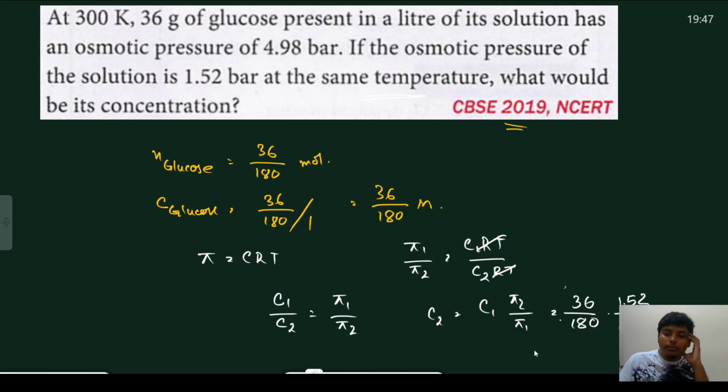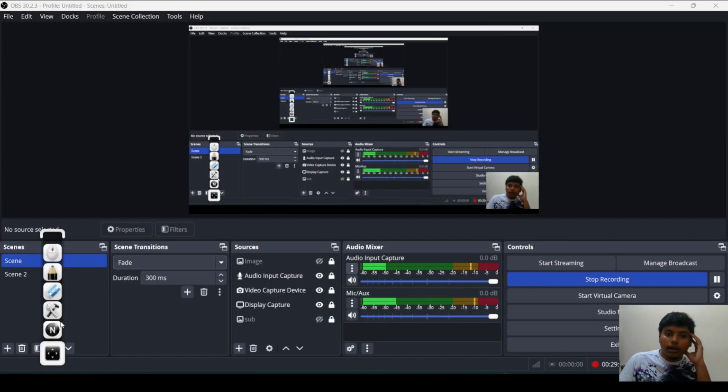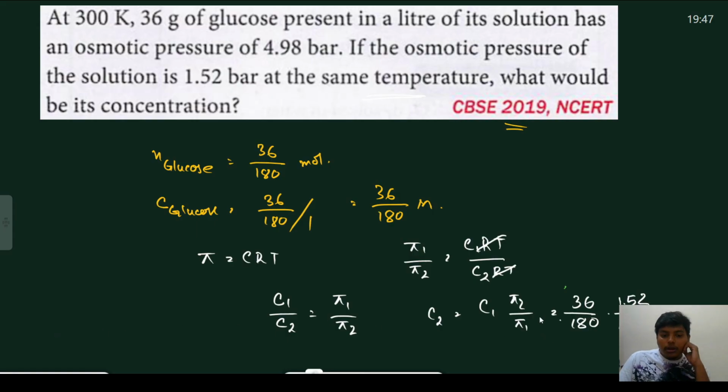If you calculate all of them, you will get 0.006061 mole per liter. Understood? Simple question, easy. Okay, now in all these cases, the i value is equal to 1.